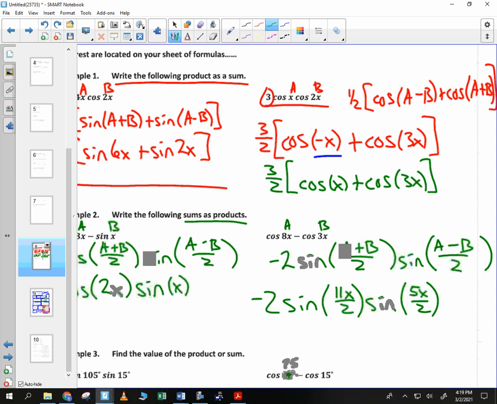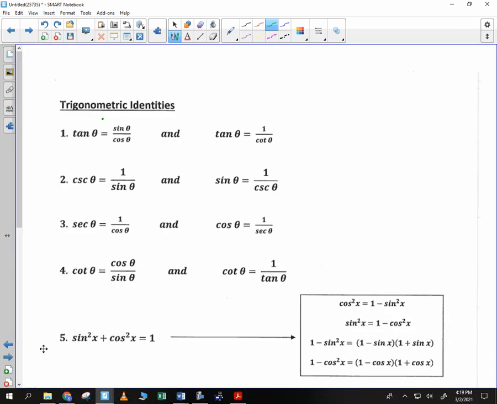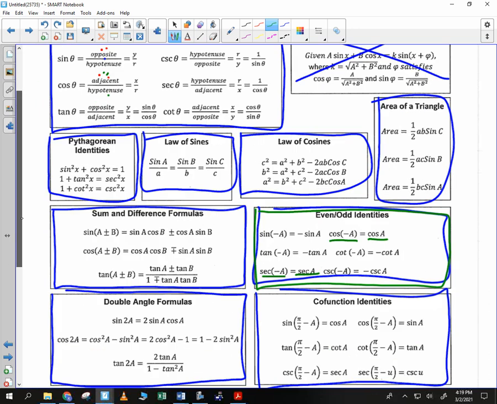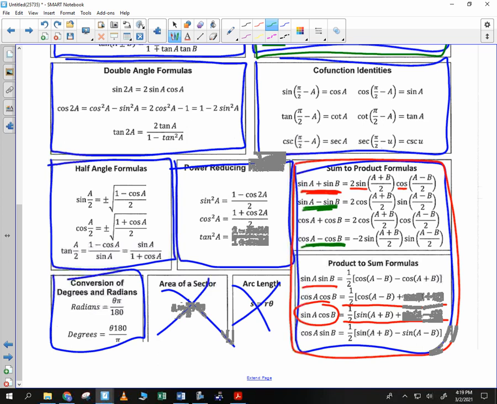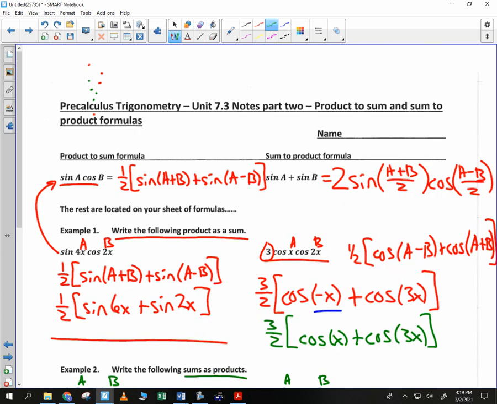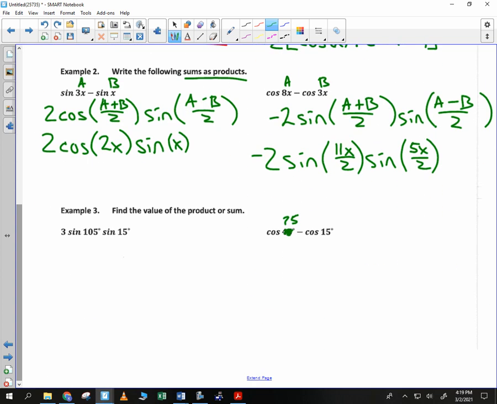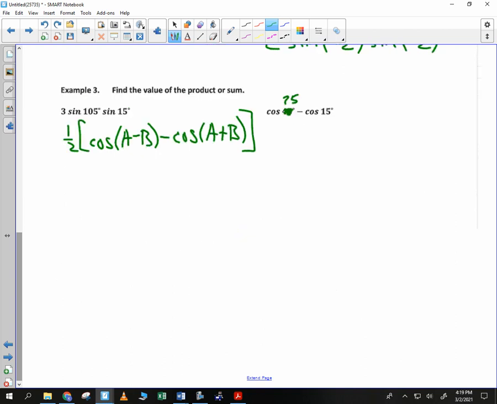So I'm going to grab a sine times sine formula. And we're going to get this to work out. Sine times sine is right here. So it's 1/2 cosine minus cosine. There you go. 1/2 times the cosine of a minus b minus cosine of a plus b. That's what we got. So that's my formula I'm going to use.